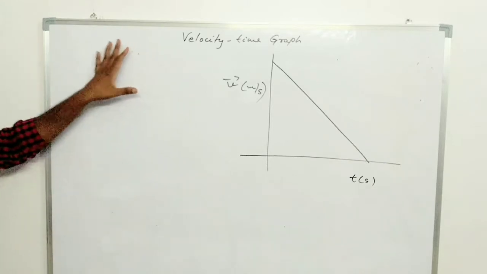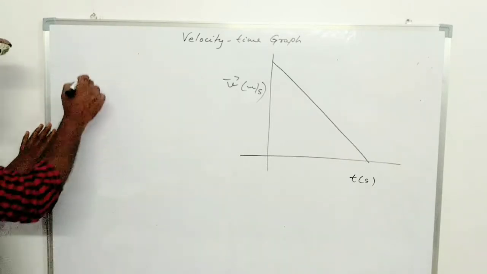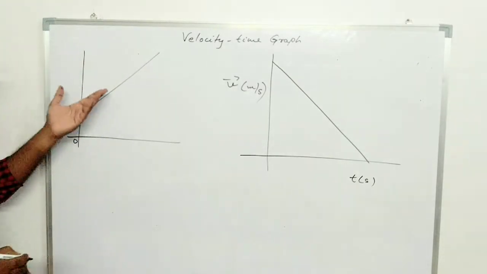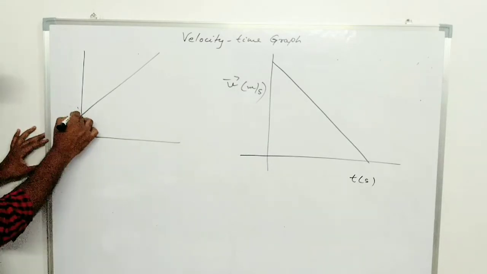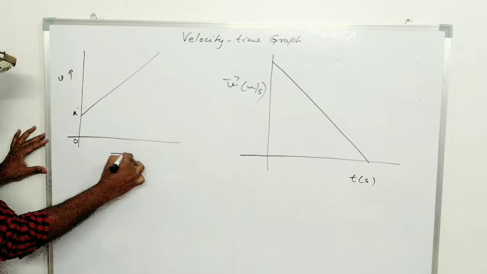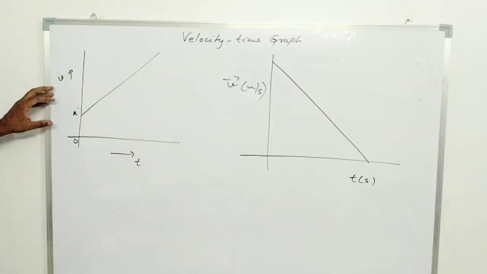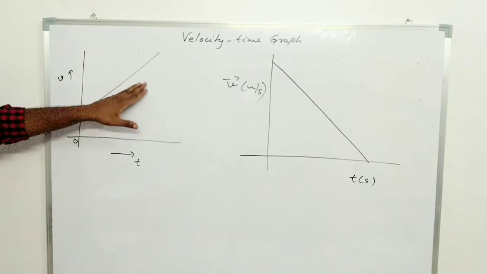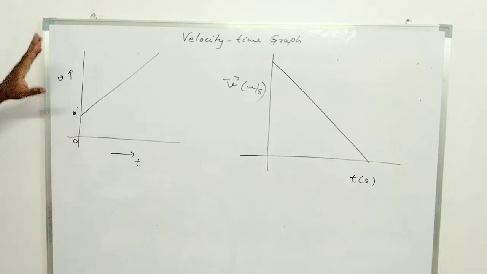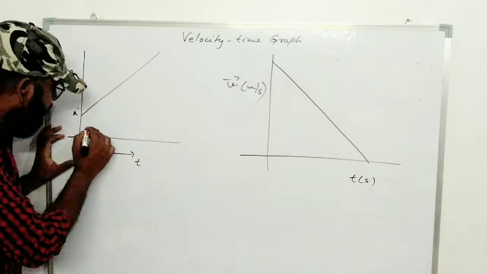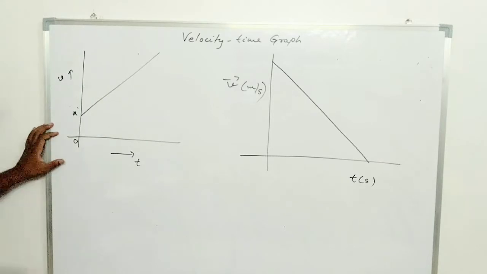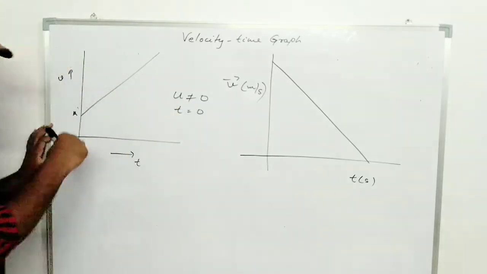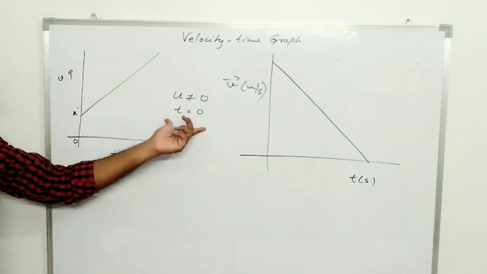And one more thing I want to tell you. Suppose the graph is made like this. Okay, 0, anything you can take. At here A, this is velocity, this is time. Okay, so here the body is moving with uniform acceleration, but its initial velocity is not zero at t is equal to 0.